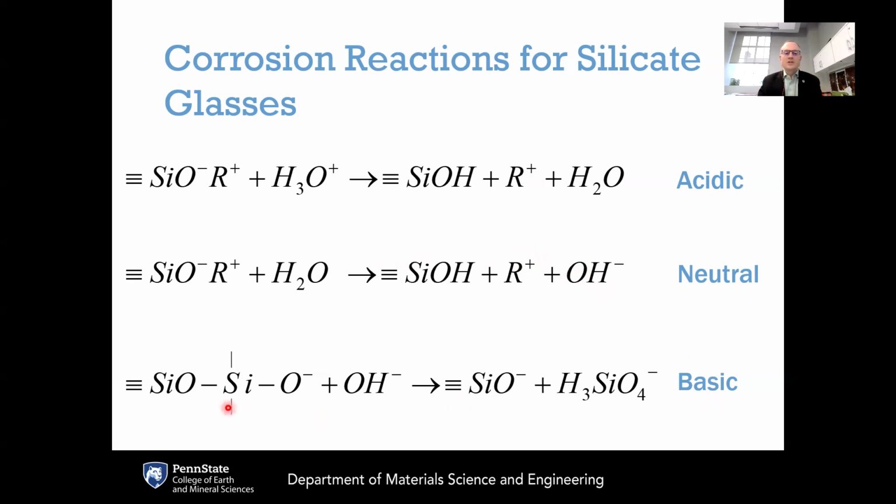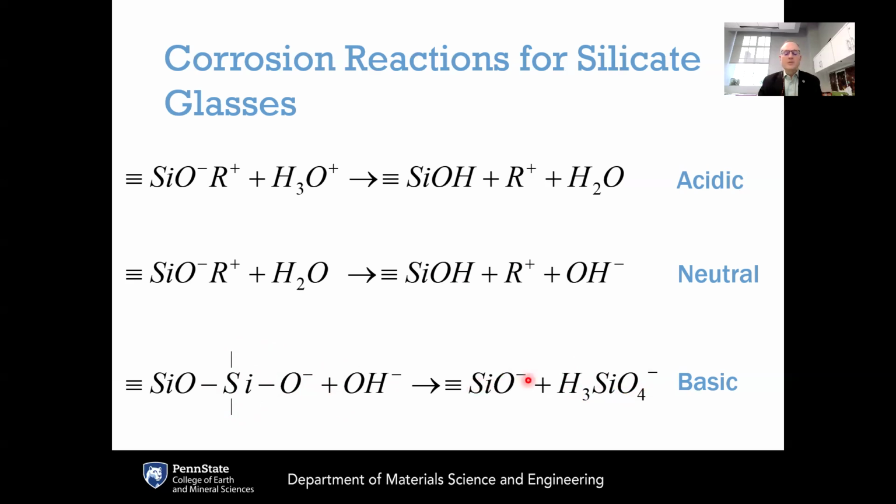Now, once we get into a basic environment, this is where it starts to attack the glass network itself. So, for example, if we have some silica unit here in the glass network, this is going to react with an OH group from this basic solvent that it is in, and this actually snatches off an entire silicate tetrahedron from the glass network, forming this H3SiO4- group, and basically taking away one of the tetrahedral units.